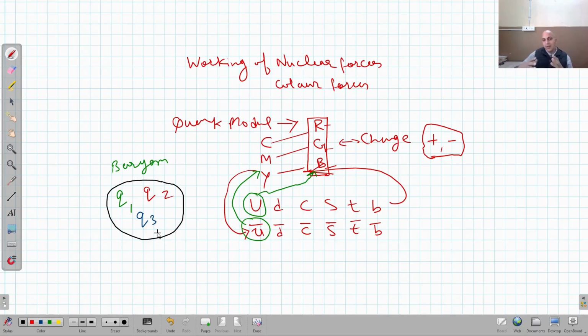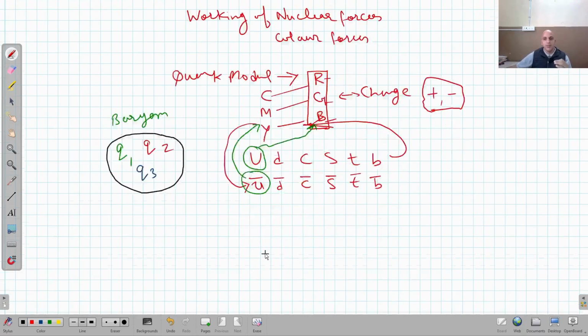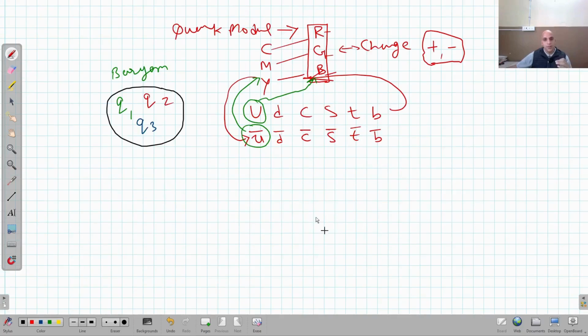So now we will understand how these quarks interact with each other inside the hadrons, right? To understand this dynamics that we call quantum chromodynamics, let's take the case of a hadron.